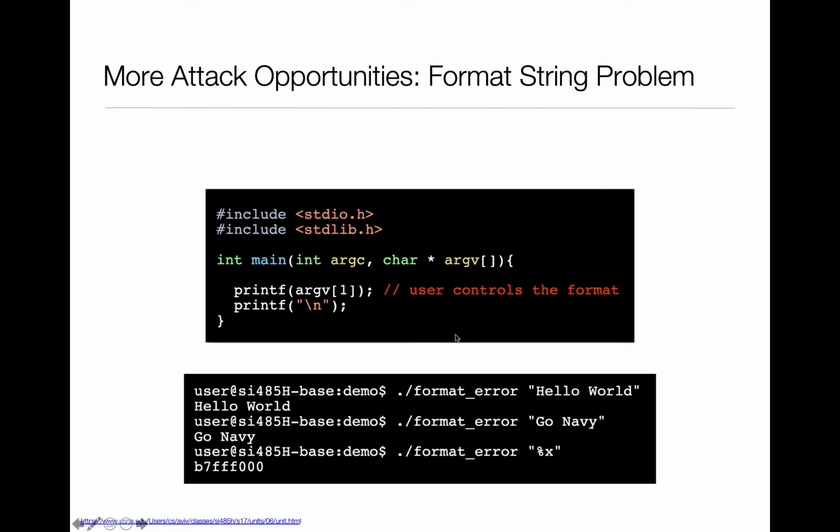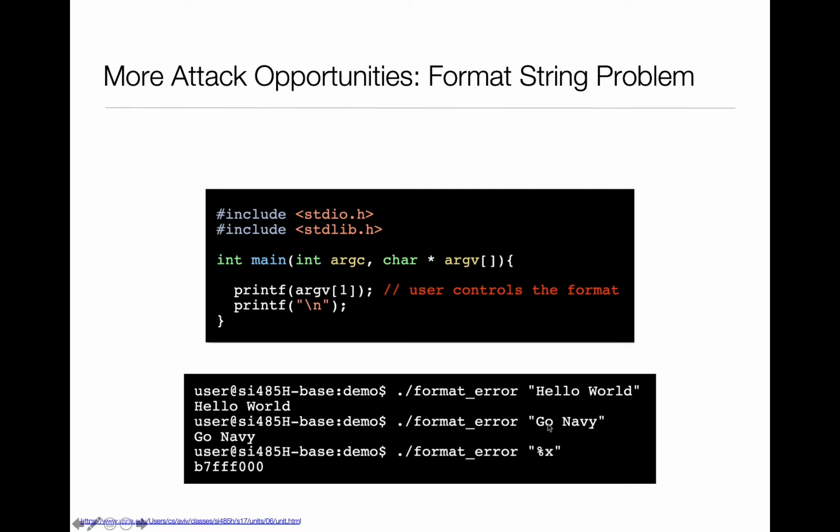So here's an example of a format string problem where we have a printf that's taking in an argument from the user and then just printing some value after. If, for example, we compile this to some binary program called format error and we pass it hello world, then it'll just print out hello world.